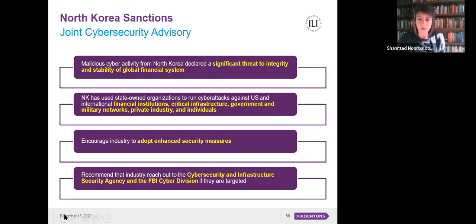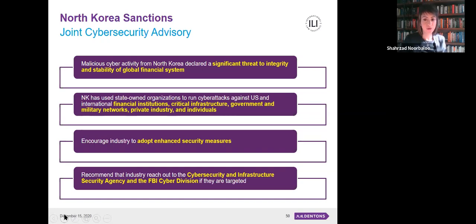In addressing increasing cyber threats from North Korea, on April 15th, the Department of Treasury, together with the Departments of State and Homeland Security and the FBI, issued an advisory highlighting the cyber threat posed by North Korea and outlining recommended measures for mitigating threats identified. The advisory noted that malicious cyber activity by North Korea poses a significant threat to the integrity and stability of the international financial system.